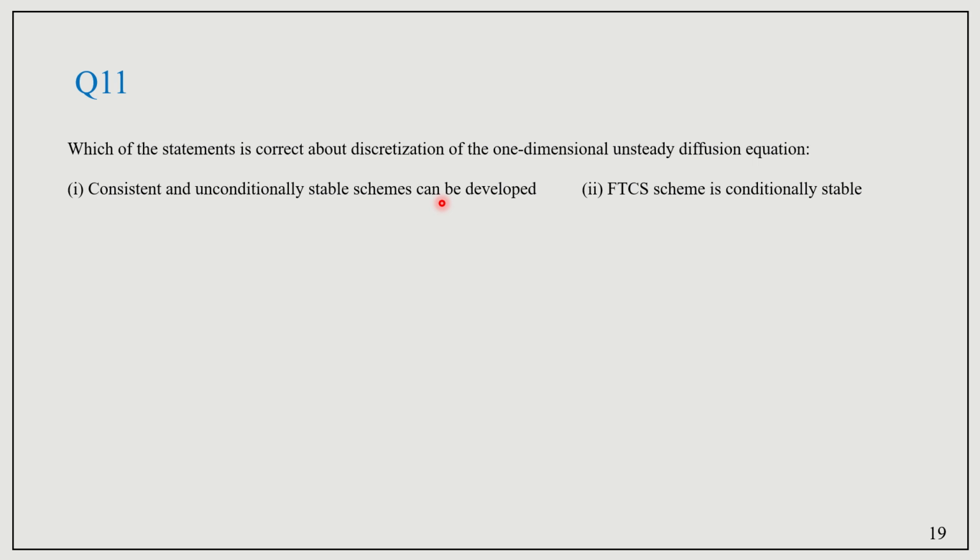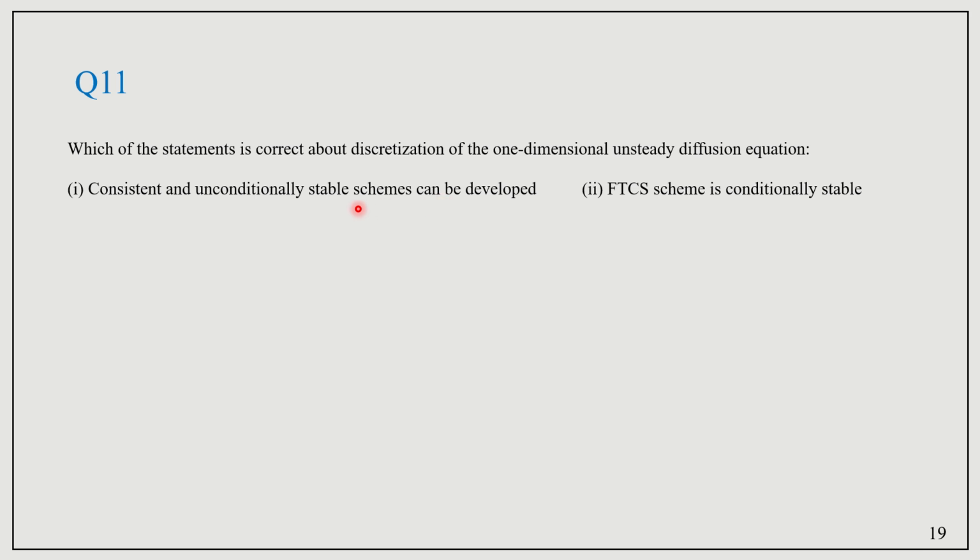Now what we have is a statement about discretization of the one-dimensional unsteady diffusion equation, and we need to identify which of the given statements are right and wrong. The first statement is consistent and unconditionally stable schemes can be developed, and the second one is the FTCS scheme is conditionally stable.